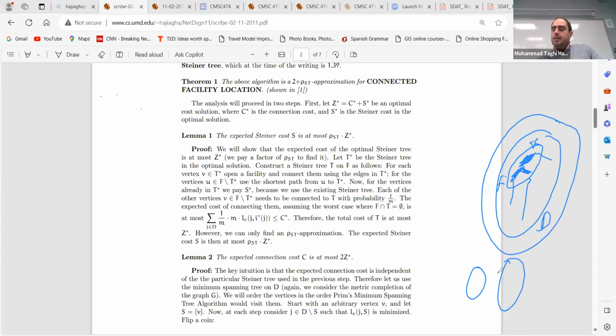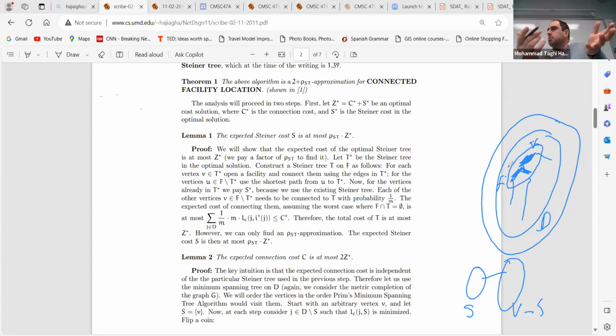Then you find the closest vertex among these. These are the vertices S that you have, this is V minus S, and this is the spanning tree in the whole graph. But again, I want to create a spanning tree on set F. F are those guys that are opened as facilities.